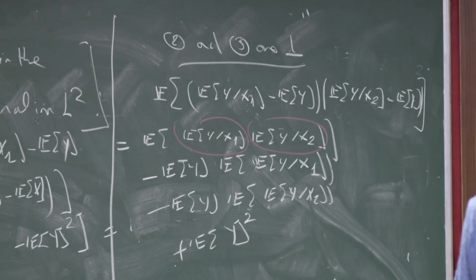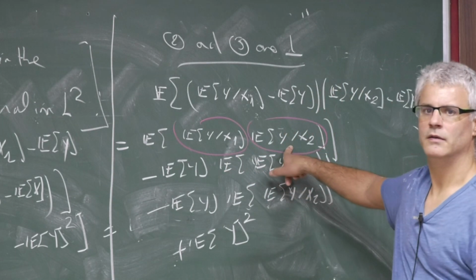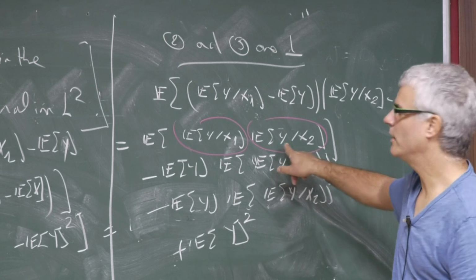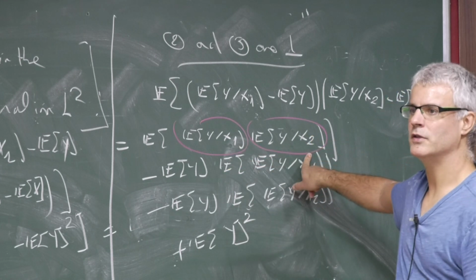what can I say about this guy and this guy? If you remember the Doob theorem, it tells you that this is just a function of x1, and this is just a function of x2.